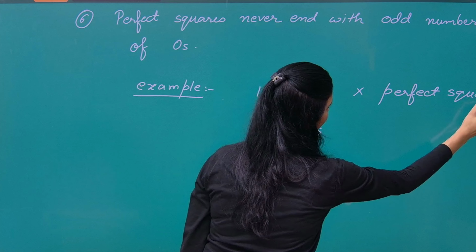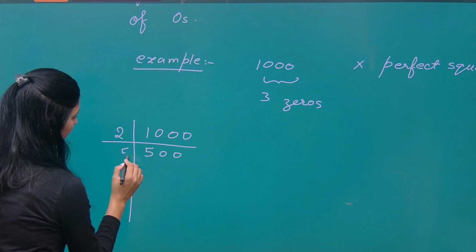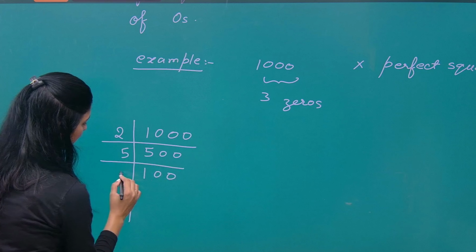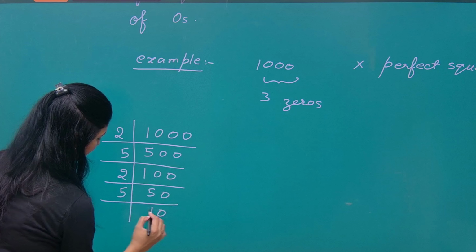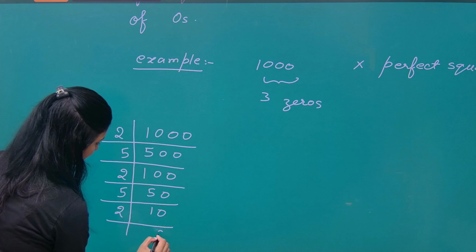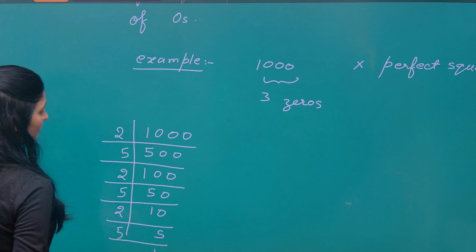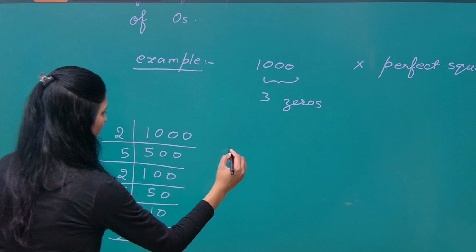Okay, let's also verify this using the prime factorization method. Let's see what we get when we do the prime factorization of 1000. So here 1000 can be written down as 2 times 2 times 2 times 5 times 5 times 5.